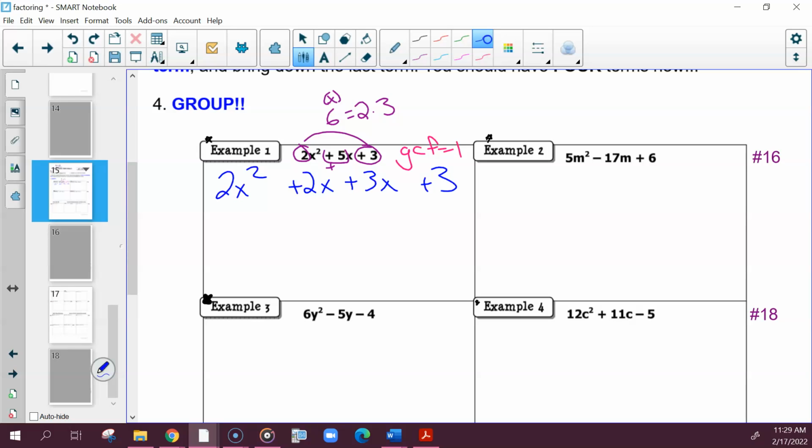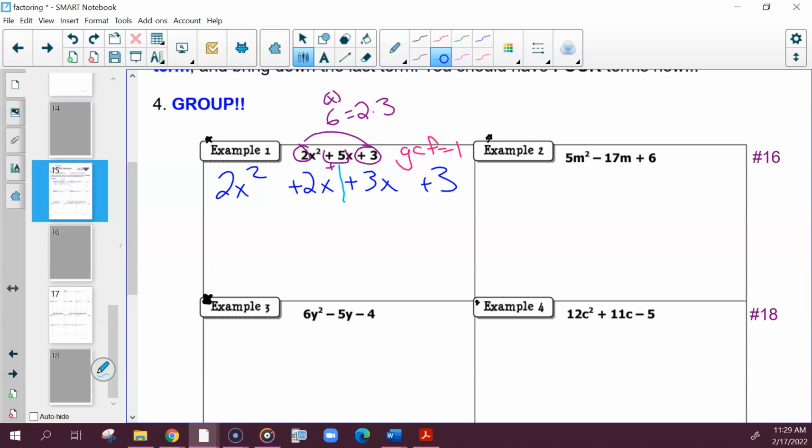It does not matter the order in which I write these. It could be plus 3x plus 2x. If you want to put it so that you have certain numbers together, that's fine. It's not necessary. Now we have 4 terms, so we can use our grouping method of factoring to factor this. So split this down the middle.